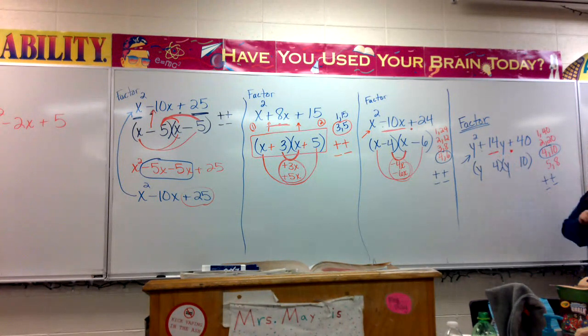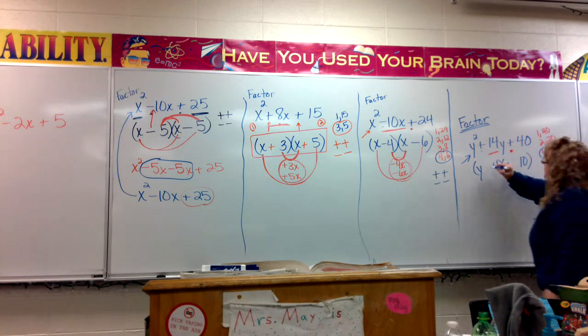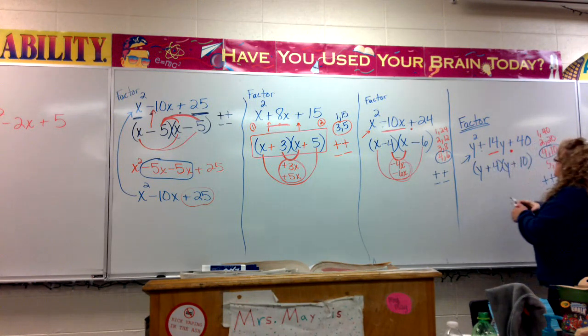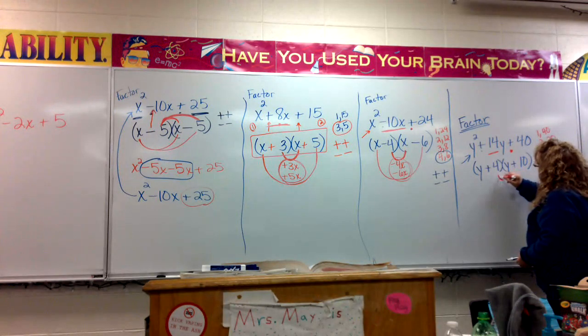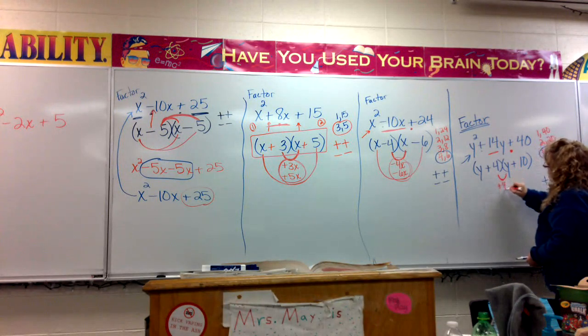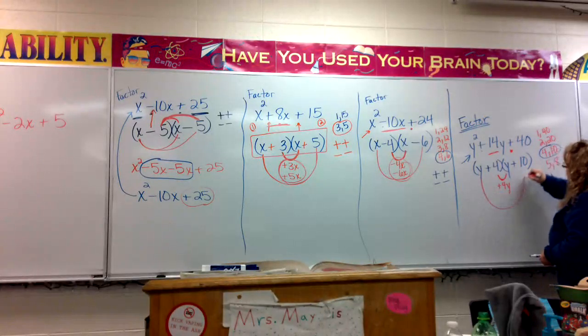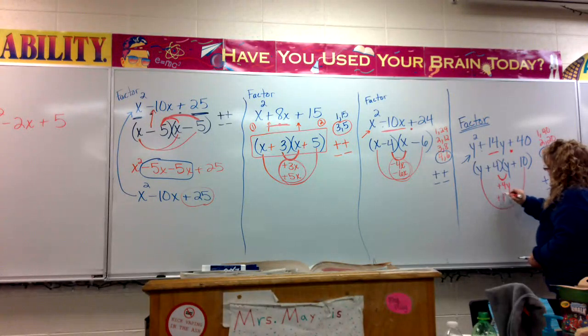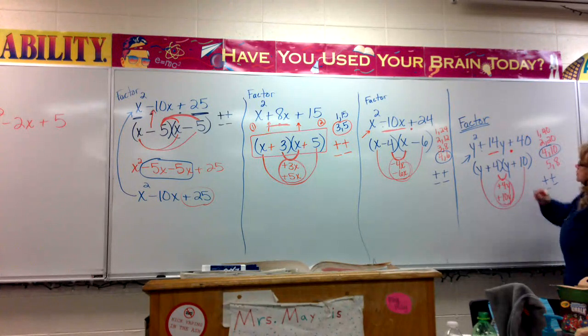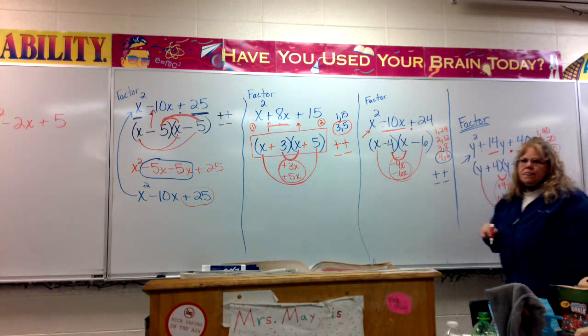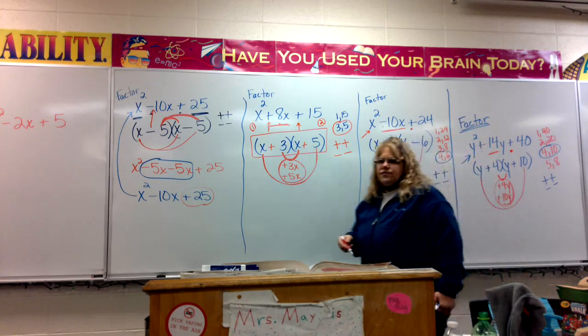What should it be altogether? Plus plus, good. And then finally, the inside-outside double check. What do you get here? Plus 4y. And what do you get here? 10y. And what does that add up to? Yippee.